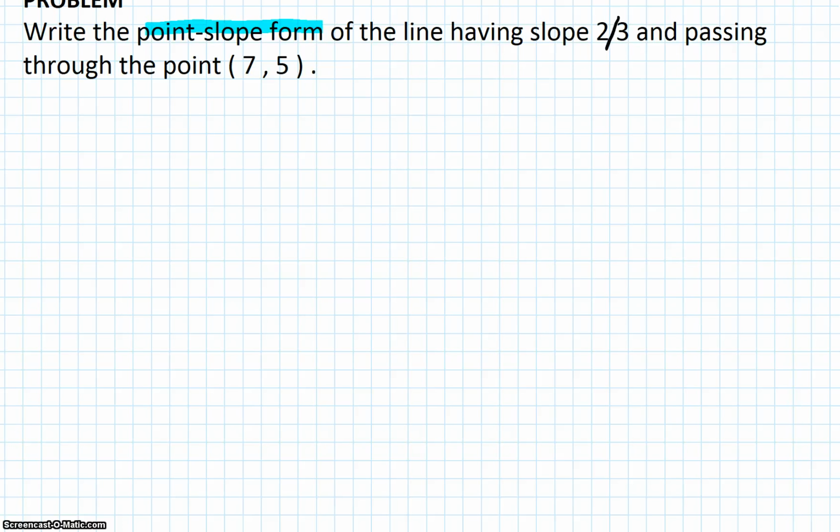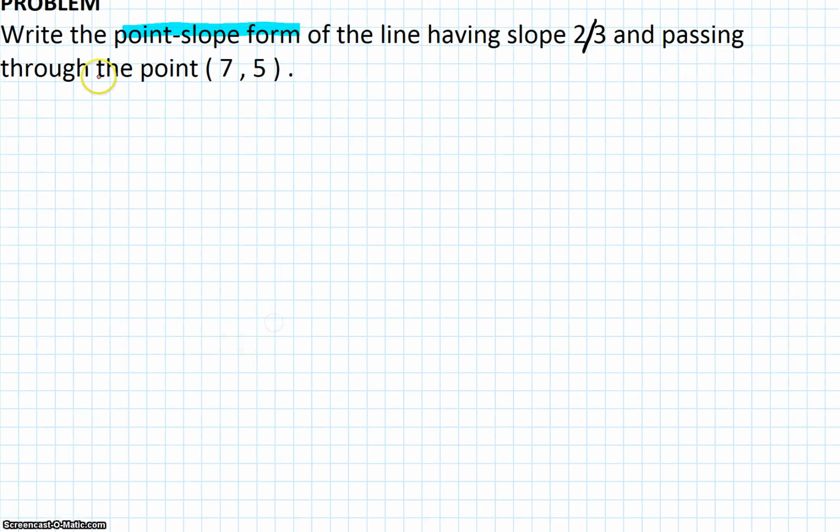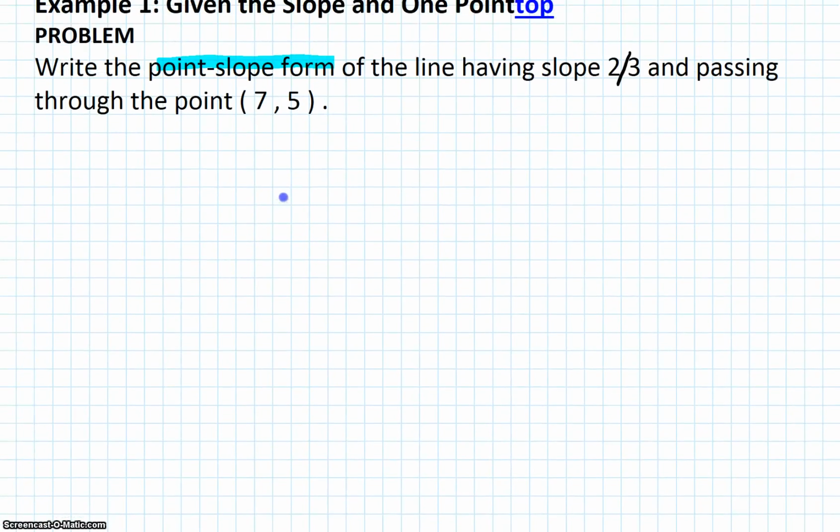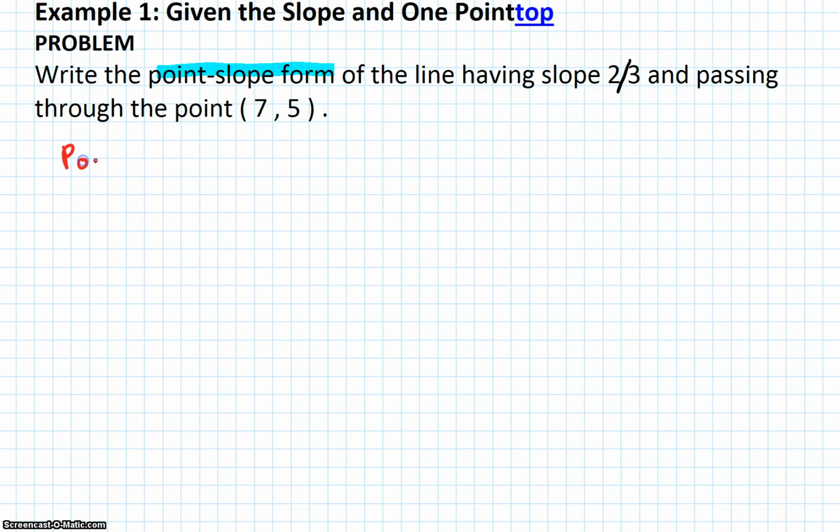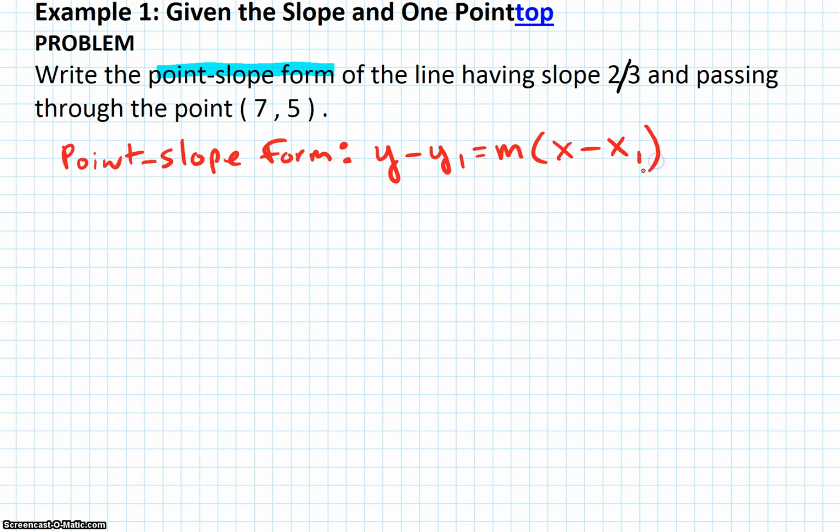If you read the lecture, you know that the point slope form is y minus y1 equals m times x minus x1.